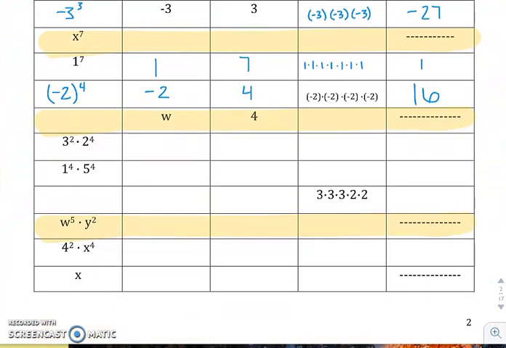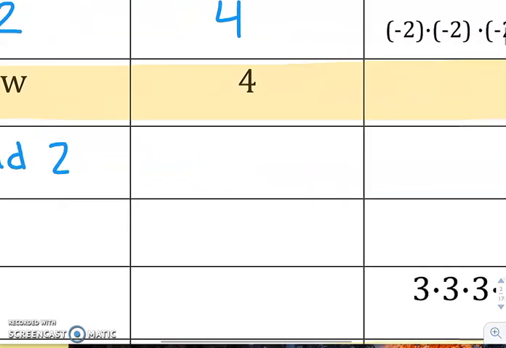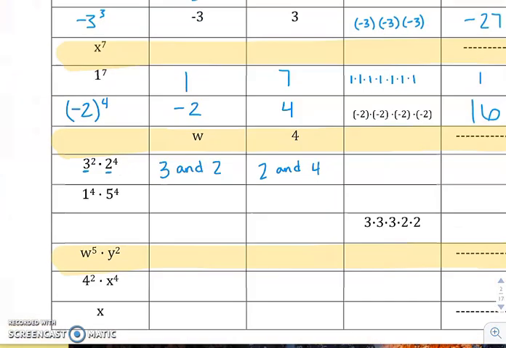3 squared times 2 to the 4th. So your base, there's actually 2 of them, so we'll just list 2 of them. The 3 and the 2 are the bases. And then 2 and 4 are your exponents, or your powers. So if you were writing this out, 3 squared and 2 to the 4th.